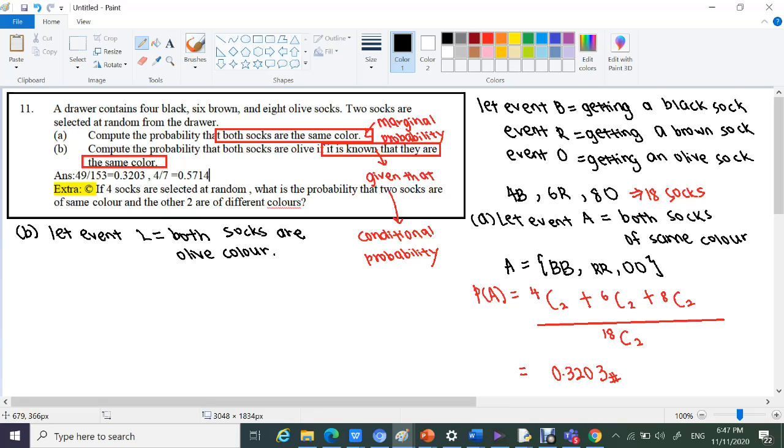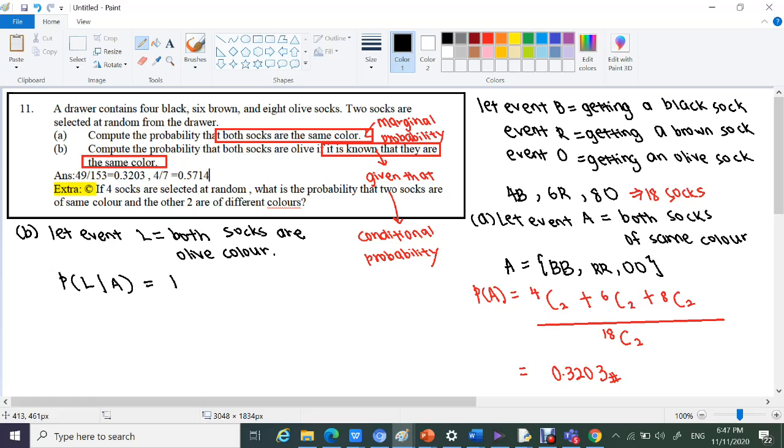Once we define that event L is both socks are olive color, we can now find a probability. We know that the probability that both socks are olive color is given by the probability that they are of the same color. We know that event A is defined as both socks are of the same color. So it's given event A, right?